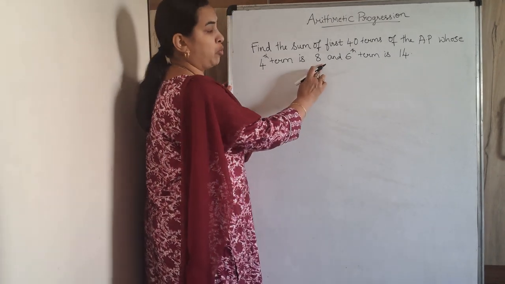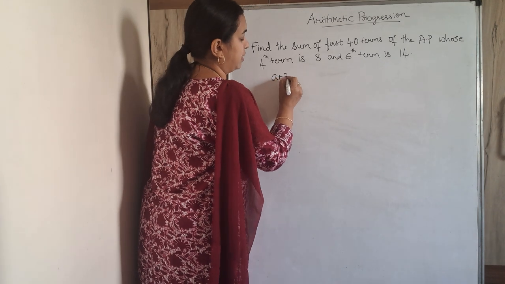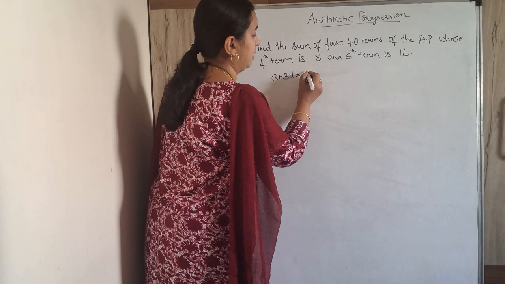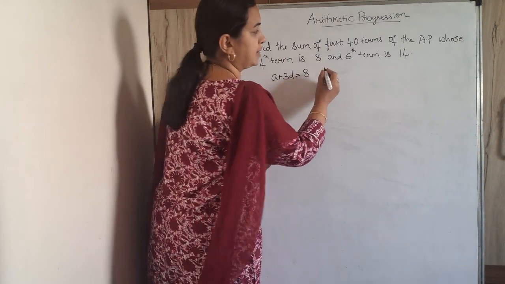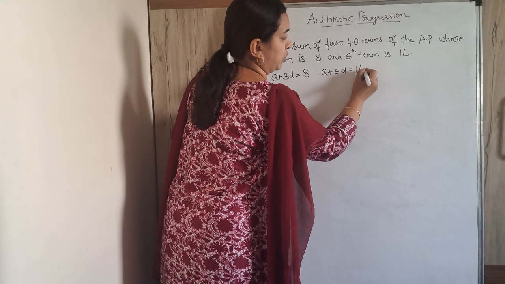They have given the fourth term is 8. So we write the fourth term in the general form of AP as A plus 3D, which is 8, and the sixth term, A plus 5D, is equal to 14.